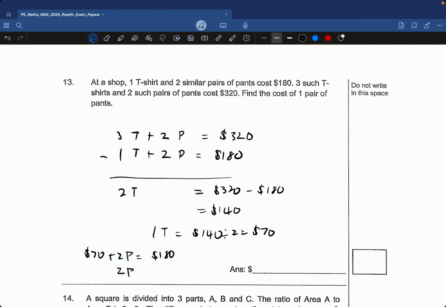That means two pants is equal to 180 minus 70, which is 110, right? And then 1p is equal to 110 divided by 2, which is 55. So the answer to this question is $55.